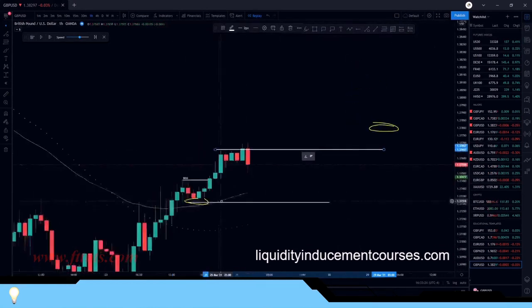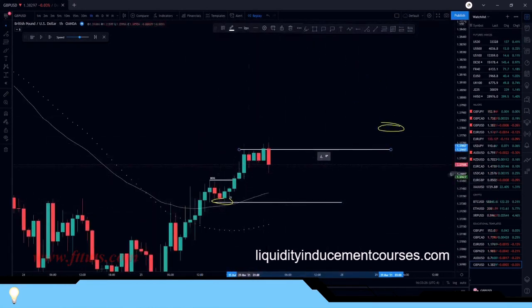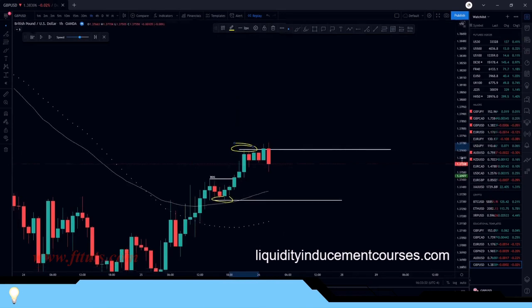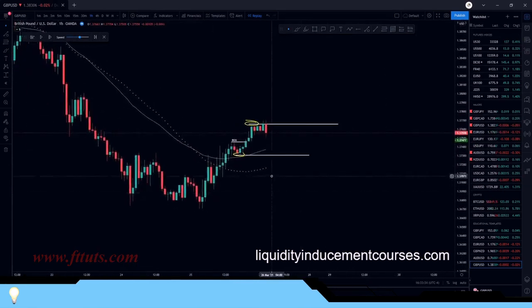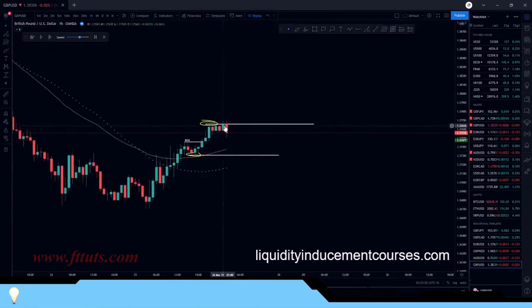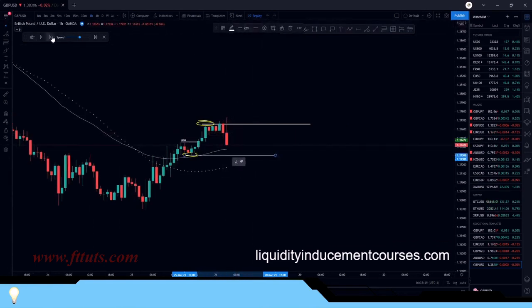However, we like to see significant breaks of structure, so I would keep this as our highs being respected and this being our low. Okay, this is discretionary. However, if you do choose to see this as a break of structure, your new low would be based on this little retracement here. Okay. However, with the experience, I'm going to leave it as it is.